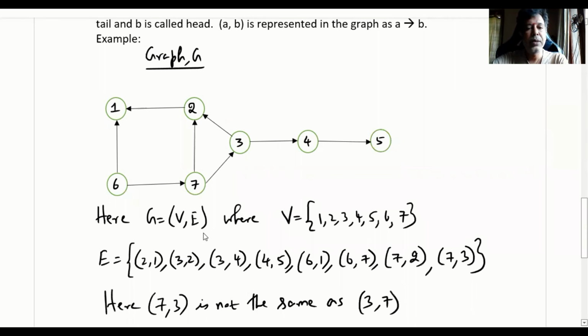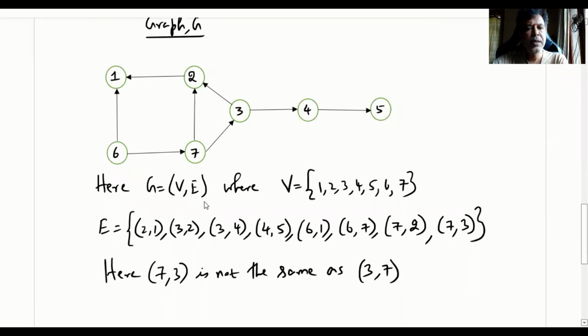So here G equal to V comma E, where V has vertices from 1 to 7 and edges are 2 to 1, 3 to 2, 3 to 4, 4 to 5, then 6 to 1, 6 to 7, then 7 to 2 and 7 to 3. So here we may notice that 7 to 3 is not the same as 3 to 7, as we saw in the undirected graph. It is the same there, but here it is a directed graph. These two are not the same.